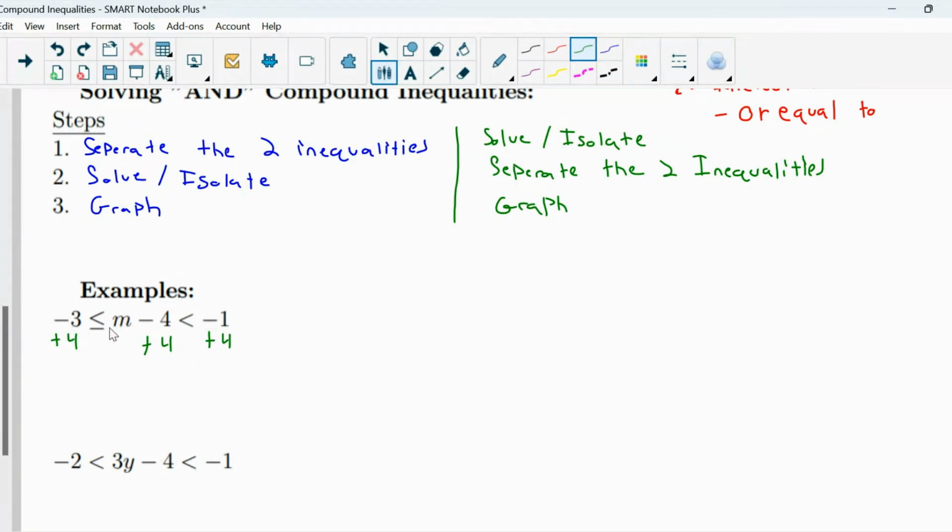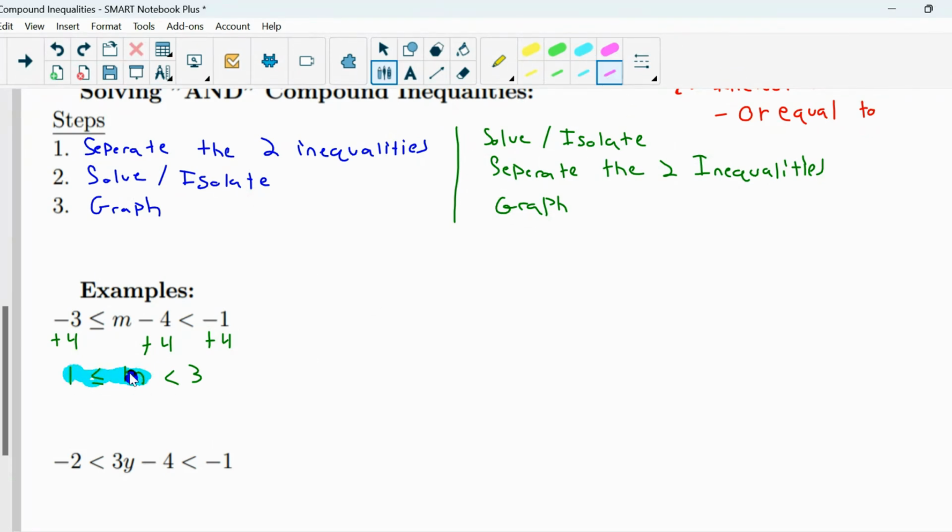Okay, make sure you do it to both sides of your inequality. -3 plus 4 gives us 1, which is less than or equal to m, which is less than -1 plus 4, which is 3. Okay, from here, we're going to go ahead and separate our two inequalities.